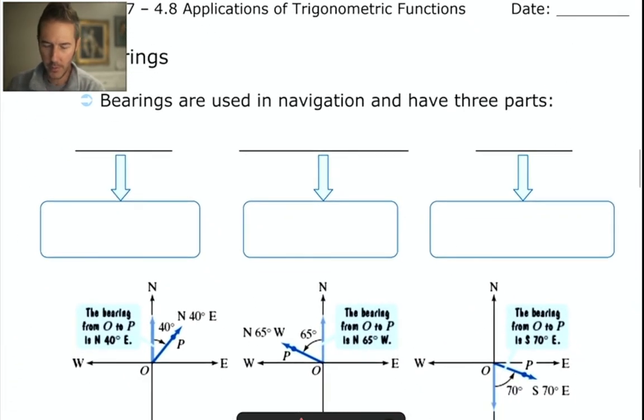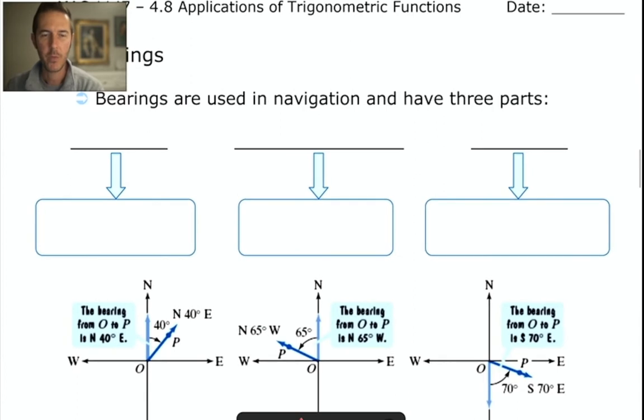So we'll change gears a little bit here and talk about bearings. And these are fun. I like these. It's almost a bit of a puzzle or a game. It's considerably more fun, of course, when you're getting right answers, but it's nice because it's quite visual. So bearings are used in navigation, and when you give somebody bearings, they have 3 parts.